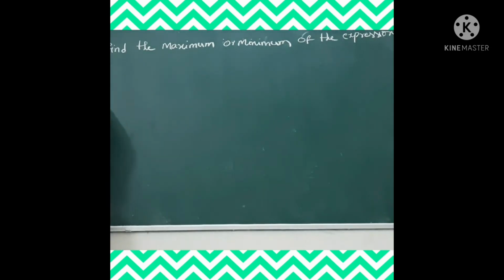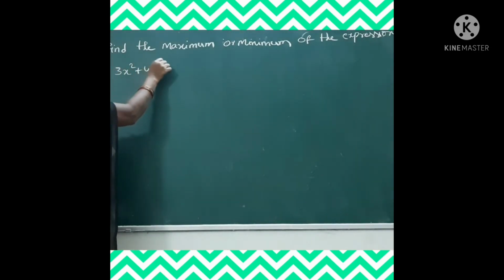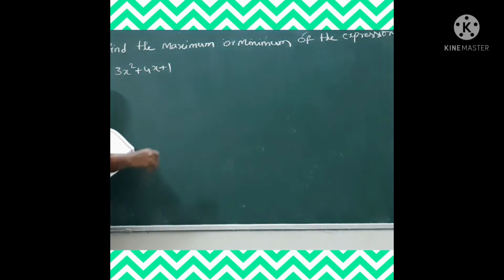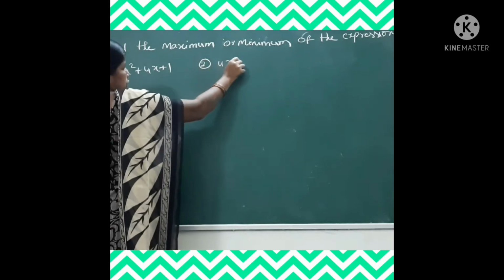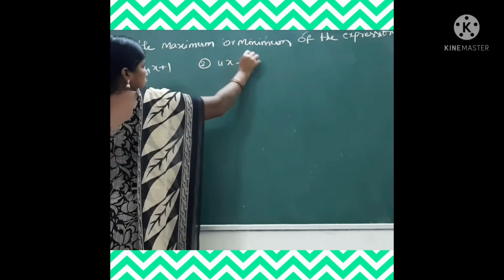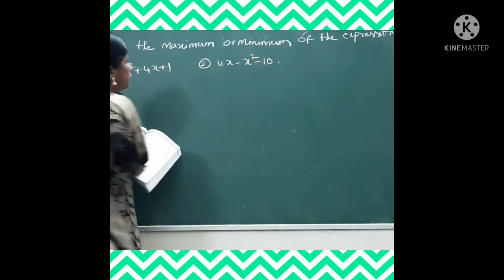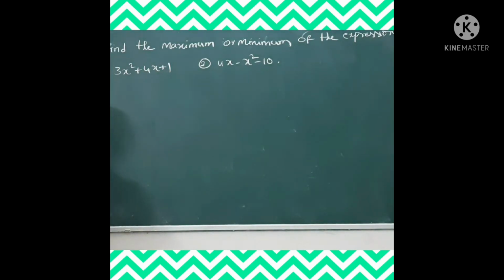First one is 3x square plus 4x plus 1 and second one is 4x minus x square minus 2. Okay, see here given a maximum minimum value, find out. We find the maximum minimum of these two equations separately, first and second.